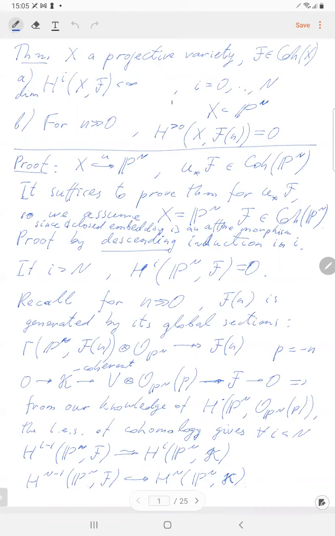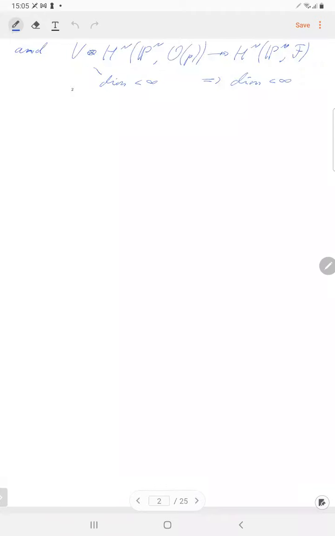And then we proceed by this descending induction and see that all cohomology is finite dimensional.